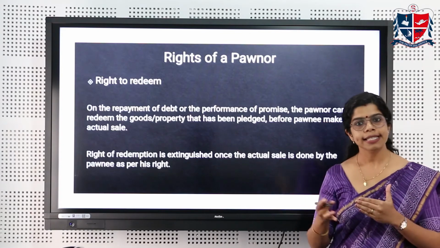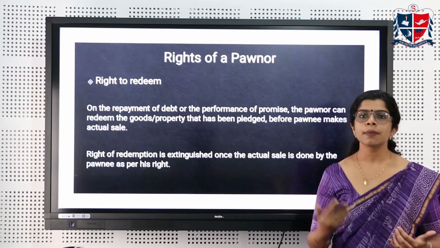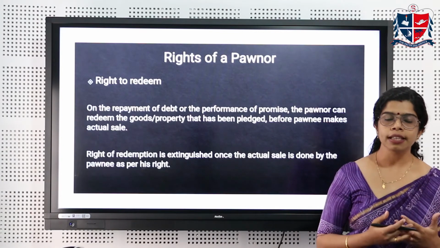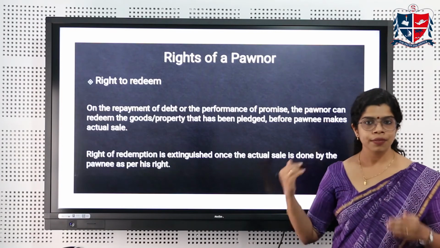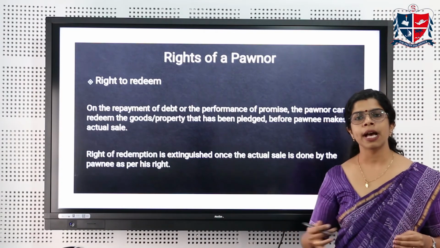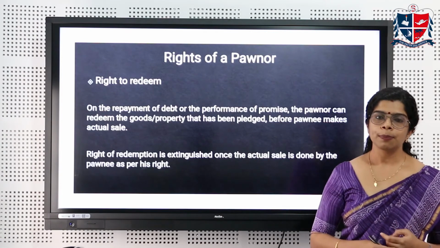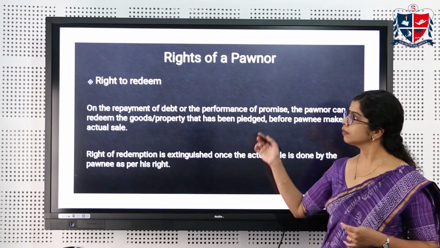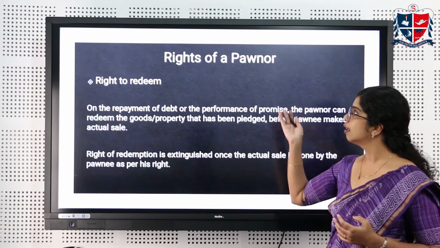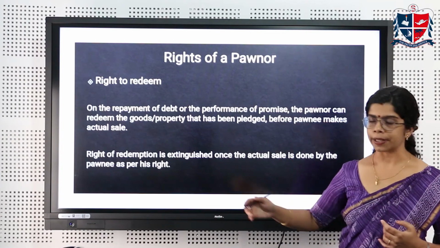Once the actual sale has happened, the pawnor or pledger cannot do anything. But until then, he has every right to reclaim the goods that he owns, which are with the pledgee or pawnee. It's one of the sole rights that the pawnor has against the pawnee.